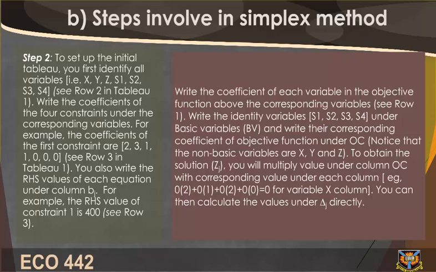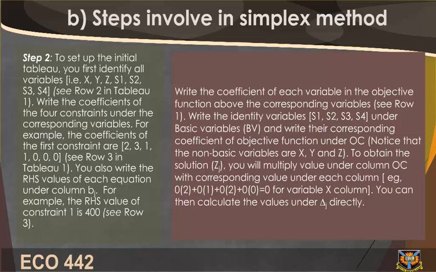For example, the coefficients of the first constraint are 2, 3, 1, 1, 0, 0, 0. See row 3 in table 1. You also write the RHS values of each equation under column BJ. For example, the RHS value of constraint 1 is 400. See row 3.